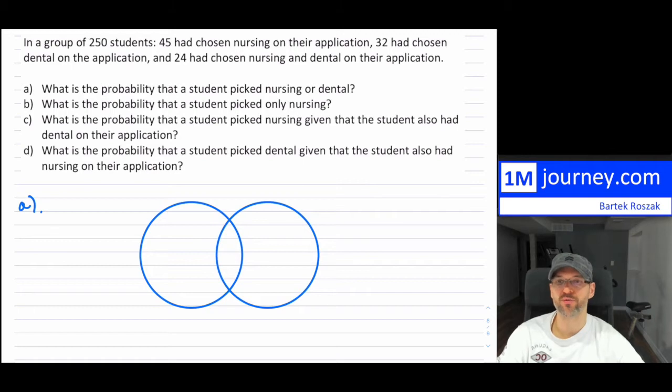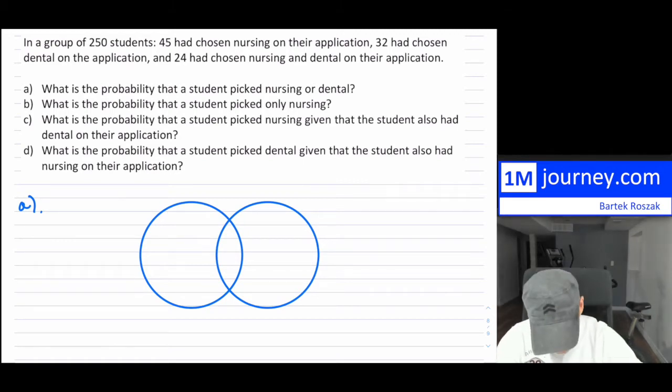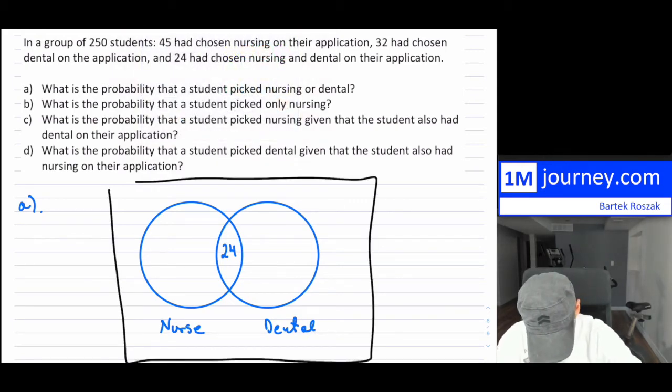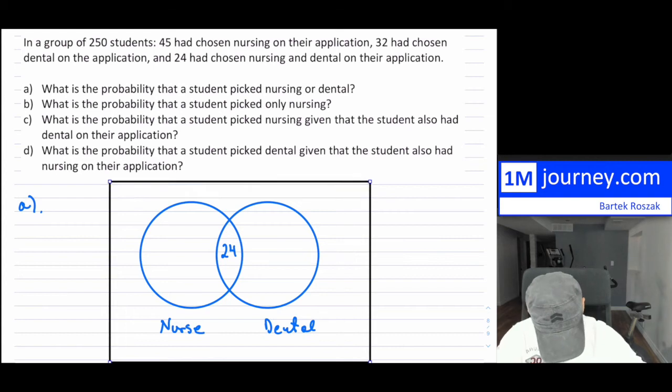That's when students have chosen both nursing and dental on the applications. I'm going to put 24 within here, and let's assume this is dental and this is nursing. Then all the remaining students are going to be outside of that particular range.